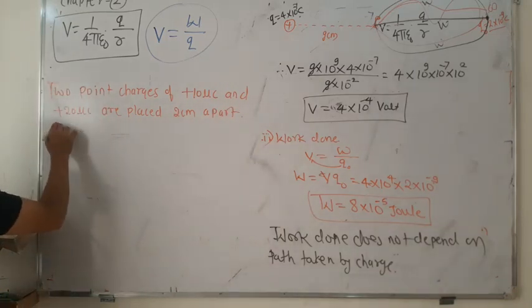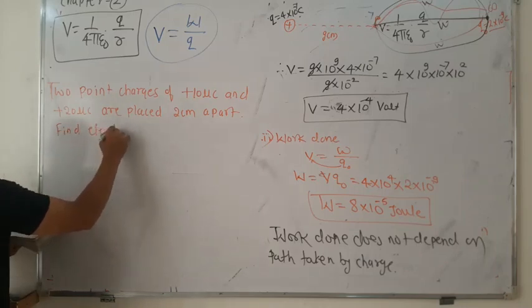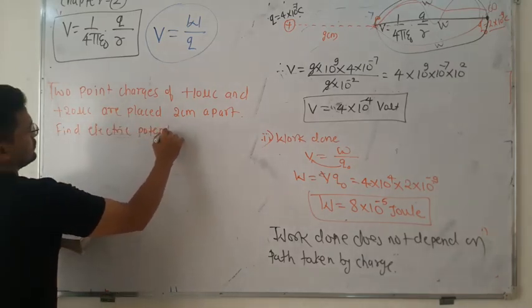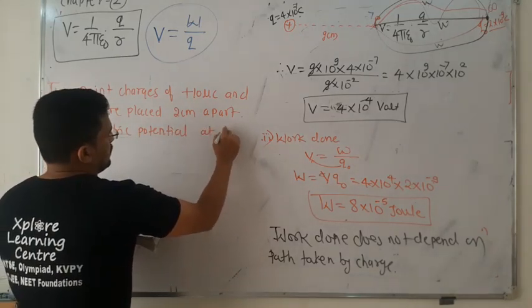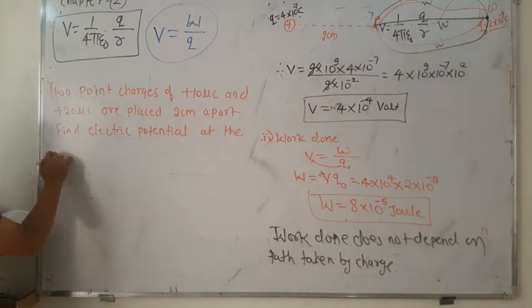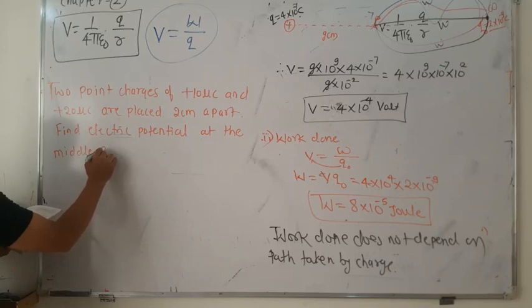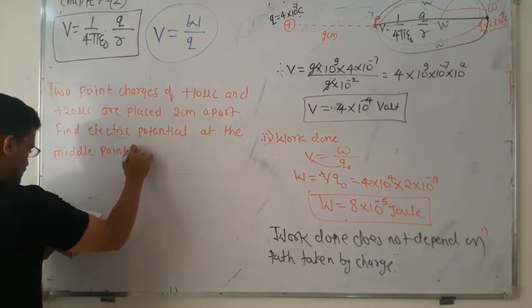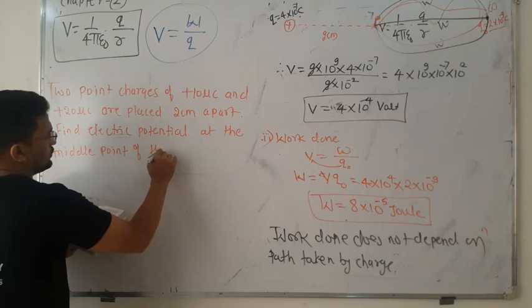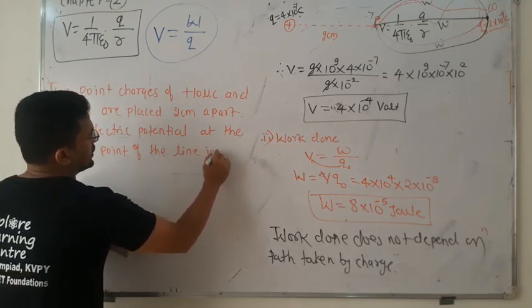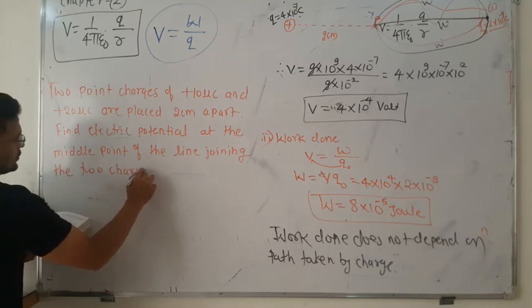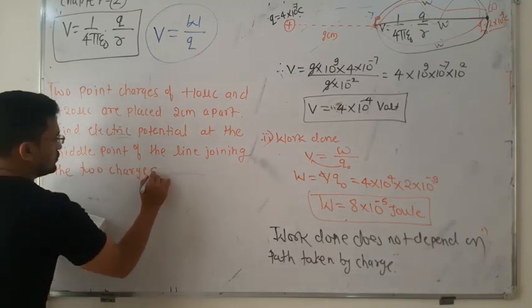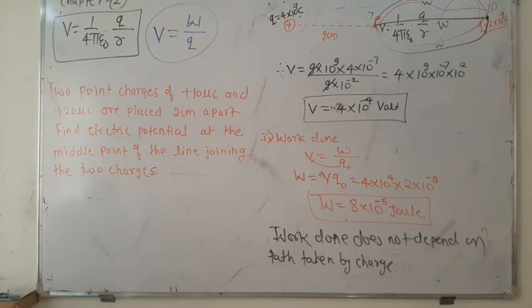Find the electric potential at the middle point of the line joining the two charges. Okay, so this is your question.